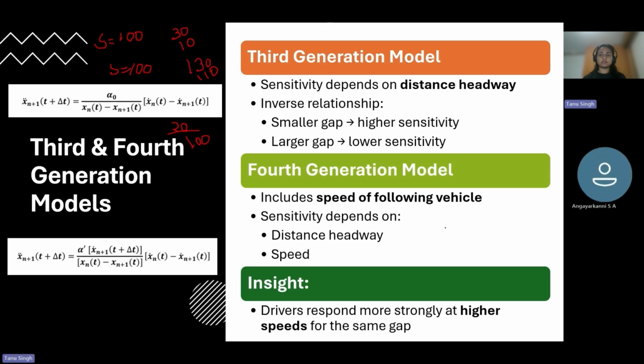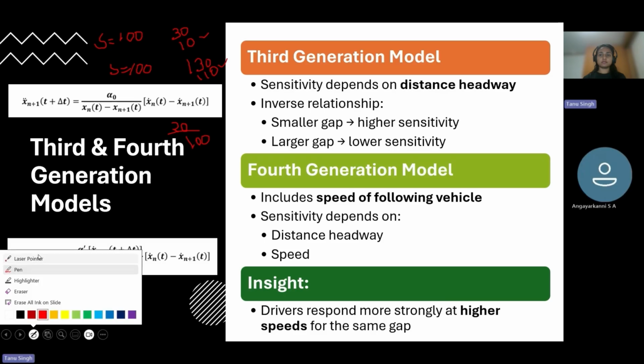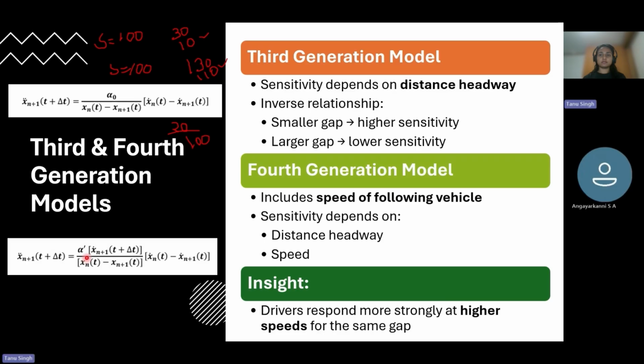The fourth generational model includes the speed of the following vehicle. If we include the speed of the following vehicle, that is either 10 or 110, we will know how much more sensitive a response should be. So the fourth generation has the speed of the vehicle included in its model, where you can see this term is the speed of the following vehicle.